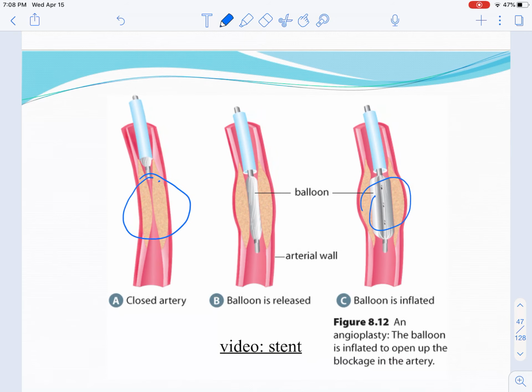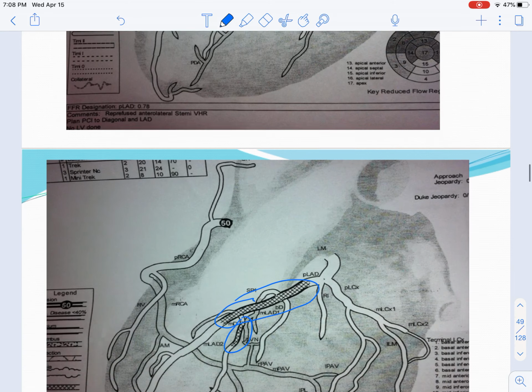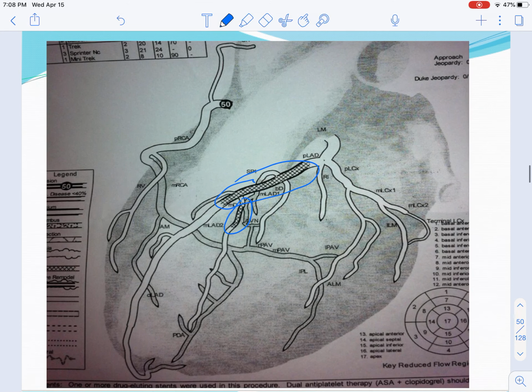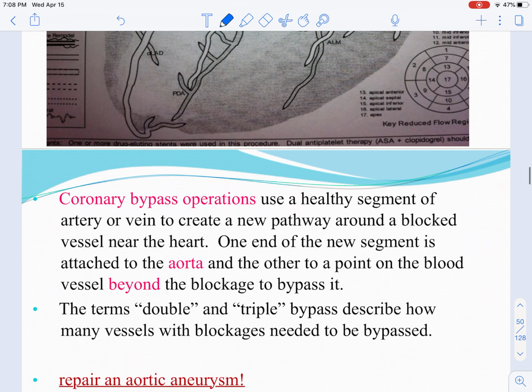But now they do this angioplasty and usually insert that metal stent so it keeps it open, because they found that even though they squash it and open that vessel, sometimes that just closes back up again. So now that metal stent, as I was showing you in this image, is what they put in.